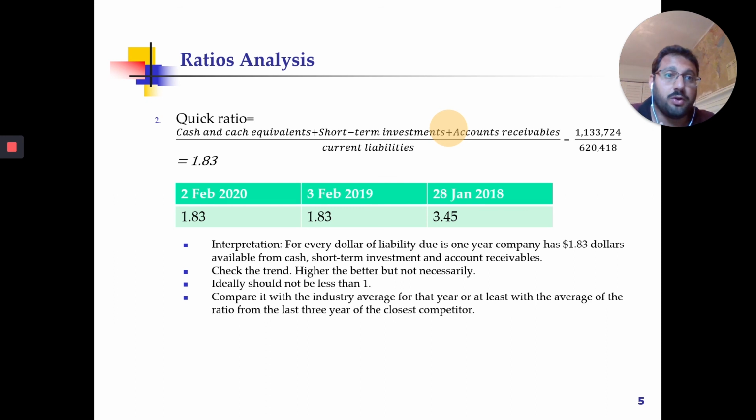From the point of view of the supplier and the creditor, the higher the better, because it means they are more confident about the company's ability to pay the short-term obligation. But it is not necessarily good from the point of view of the company, because if they have a lot more cash or short-term investment, it is not a good sign.